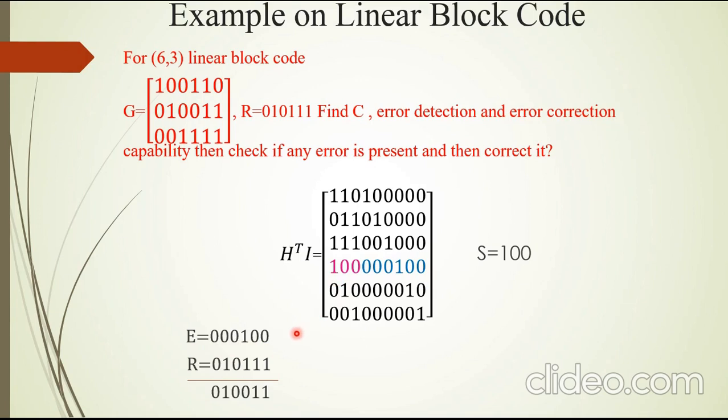Now I have to correct the error. So this is my received code word. Now I will XOR E with R, meaning I will XOR the error with the received code word. So the error is 0 0 0 1 0 0, and the received code word which is given is 0 1 0 1 1 1.